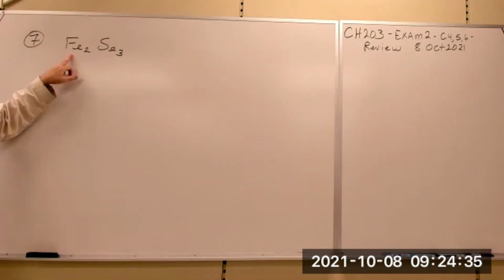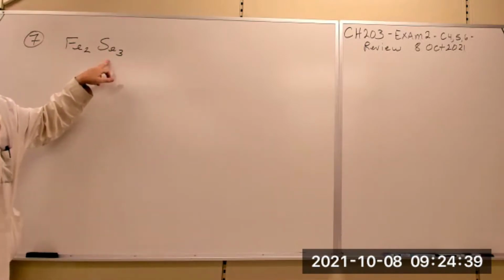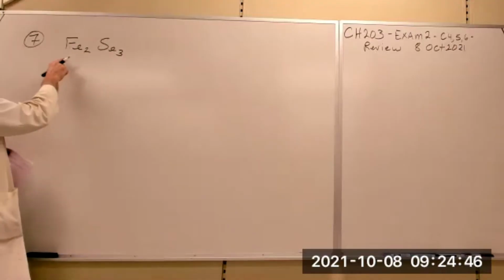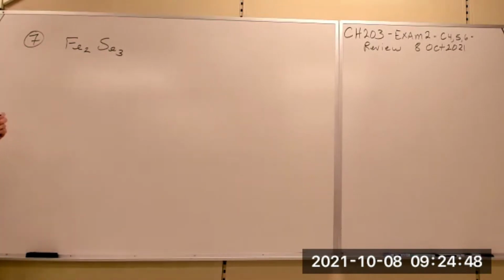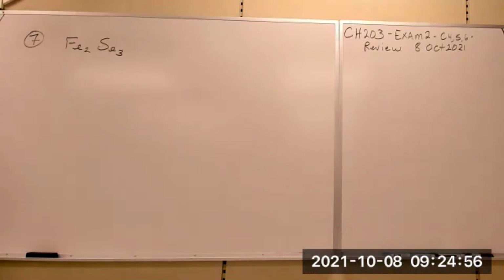Iron. Right, ferrum. Selenium. Okay, now that we know our names and we know the order that they appear, we have to decide, is it type 1, type 2, or type 3? Right. Type 1 and 2 are what? Metal, non-metal.